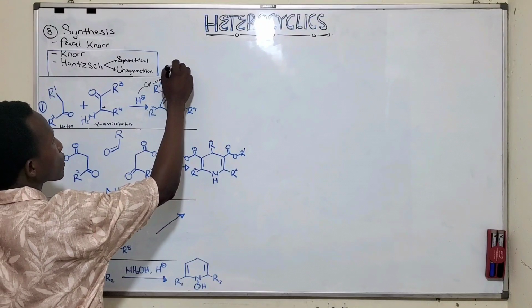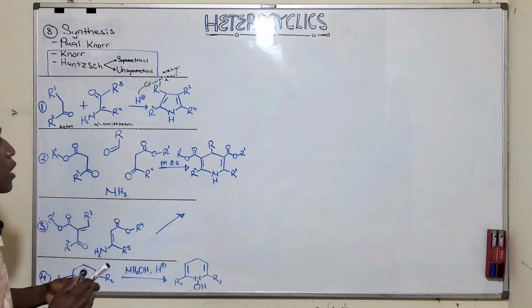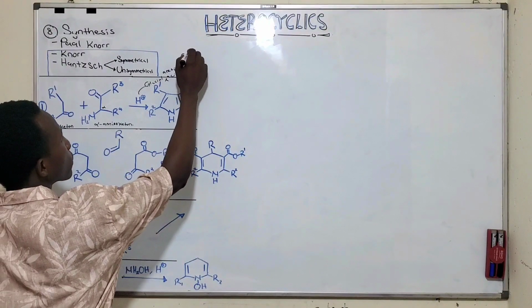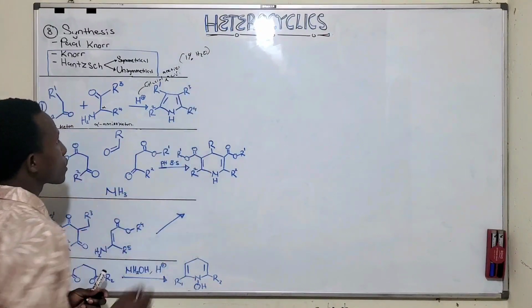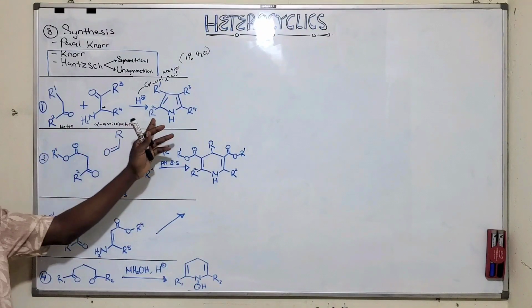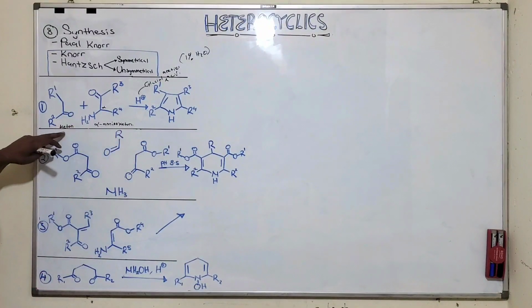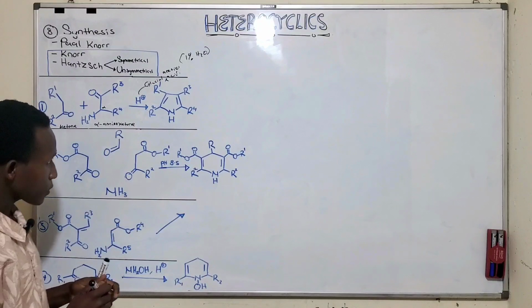It is the concentrated acetic acid which contains not more than 1% of water. It is very concentrated. So we get the pyrrole from ketone and alpha amino ketone.